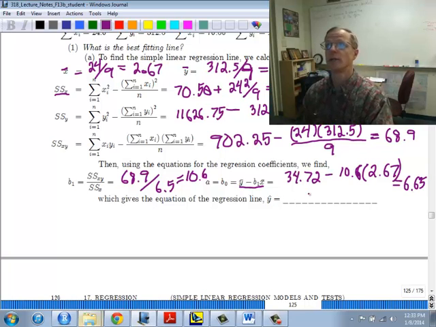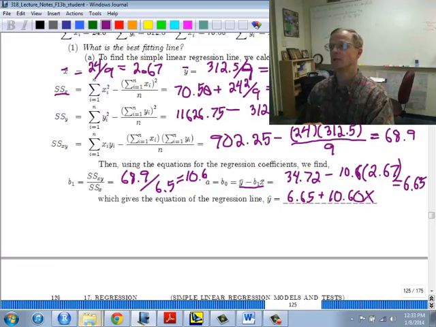Okay, so the regression line then is going to be 6.65 plus 10.6x, just using 2 decimal places. Okay, so we've got the actual line.